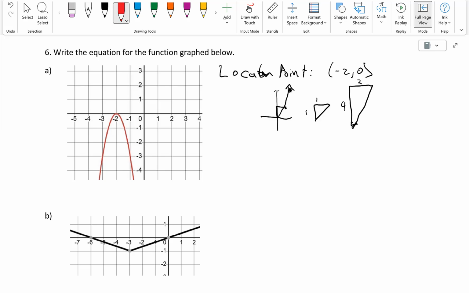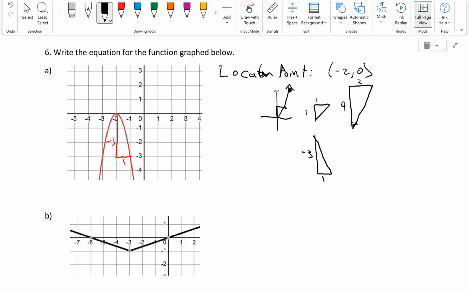We also want to take note of the fact that we are over 1 to go down 3, or really down 3 to go over 1. So we've got a negative 3 and a 1. Right, that negative 3 over 1 tells us that we're multiplying by a factor of negative 3. Right, we've stretched that triangle out, and we've shifted it down. So now we're at a negative 3, 1 instead of a 1, 1.